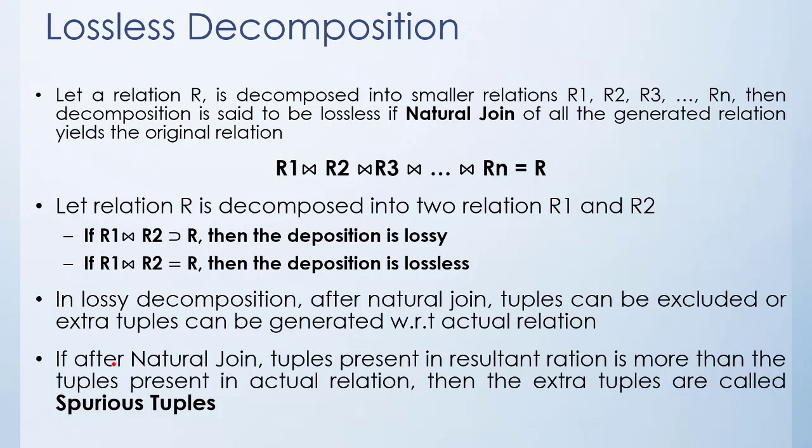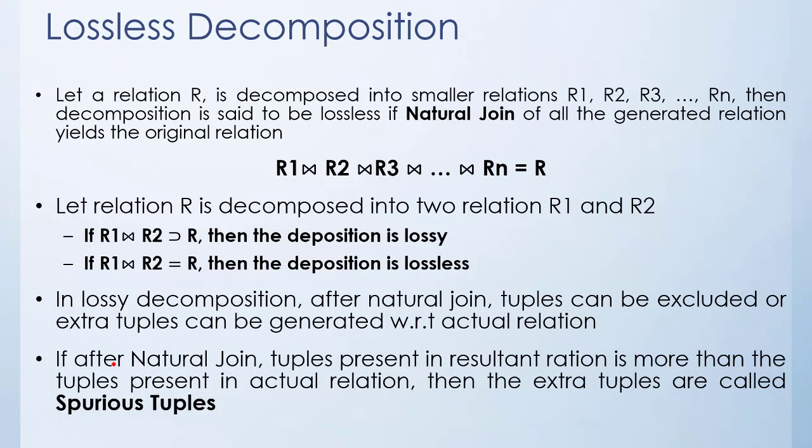By definition, it says that let a relation R be decomposed into smaller relations R1, R2, R3 and Rn, then the decomposition is said to be lossless if the natural join of all the generated relations yields the original relation. So R1 natural join R2, natural join R3, natural join Rn will be equal to R.